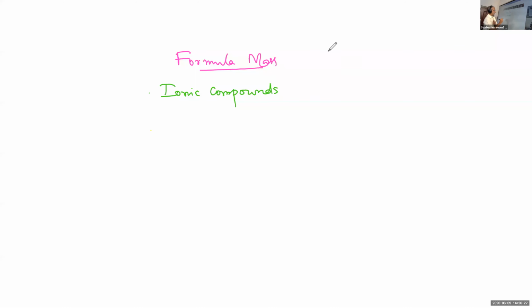So formula mass is the sum of the atomic masses of the various elements. So that is the same as in the case of molecular mass. But molecular mass is mainly for the covalent molecules, and this is mainly for the ionic compounds. There is no difference at all.